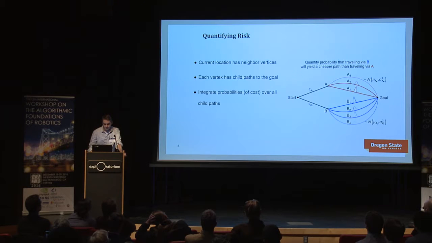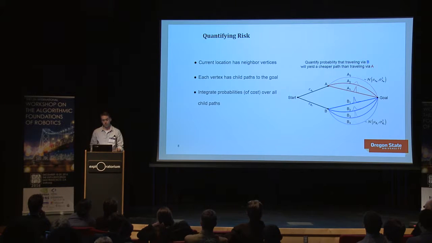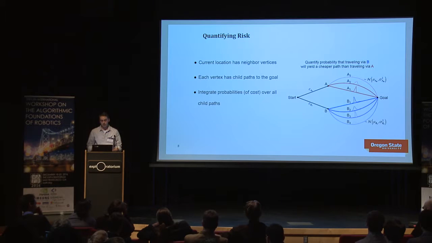lower mean. The way we are going to quantify this risk is by determining the probability that a lower cost path will be available at each neighboring vertex. So if you have vertex A and vertex B, each neighboring vertex will have a number of child paths that are going to go to the goal, and these have an estimate of what the cost would be to travel to that goal.